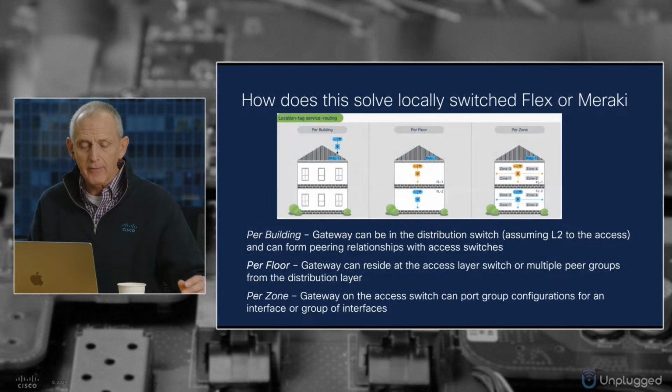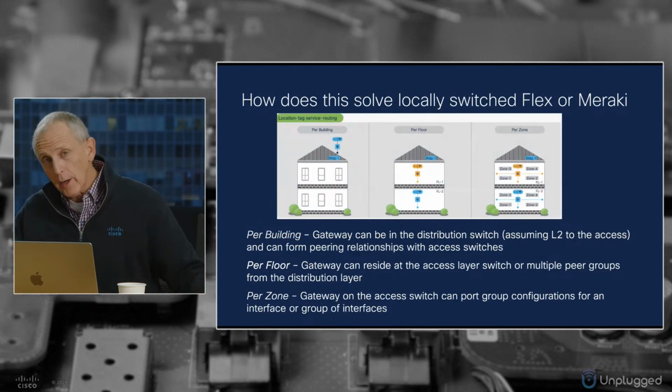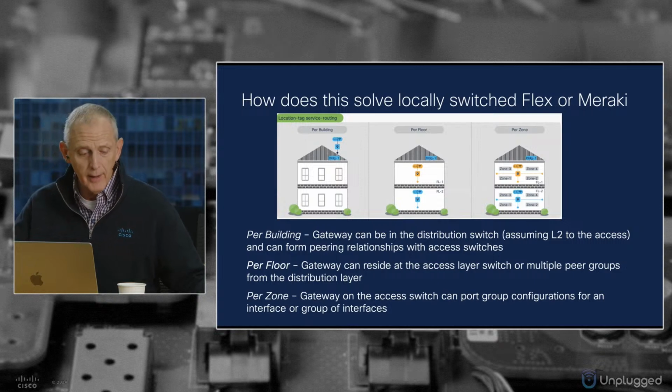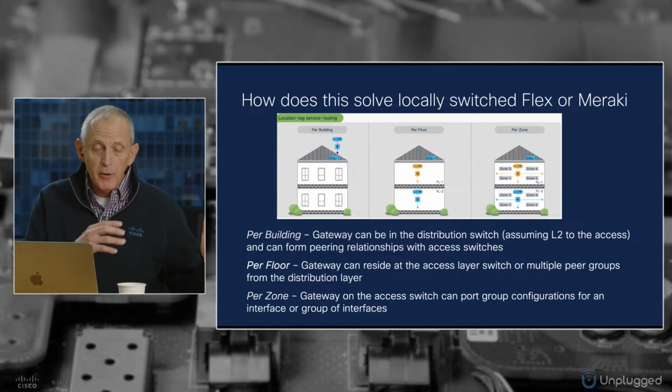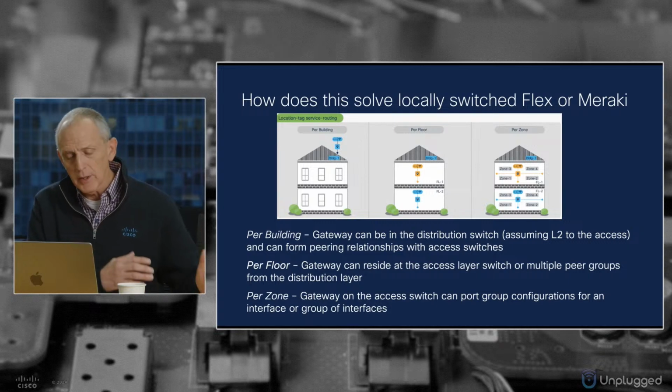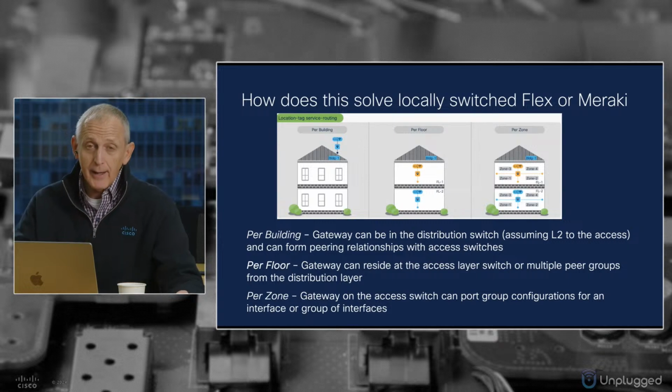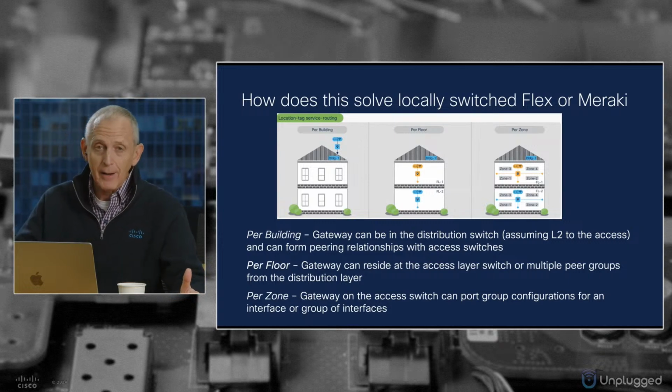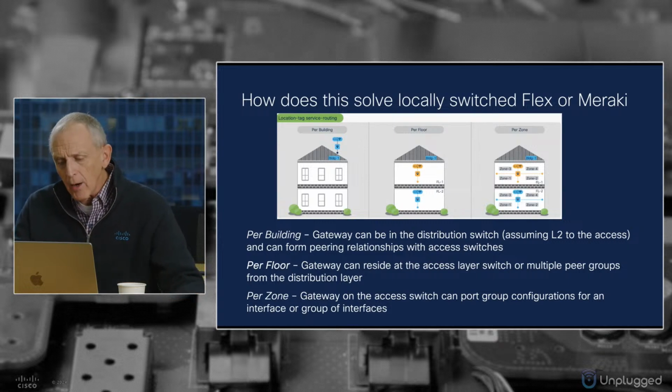So now I could have an access point anywhere in that building, or a wired switch port anywhere in that building with mDNS services on it, and that would get advertised to anything else in the building, wired or wireless. Now I can do this on a per floor basis, or we'll say per IDF basis. I could take a switch or switch stack and define that locally and say, okay, I only want to share that amongst that switch stack.